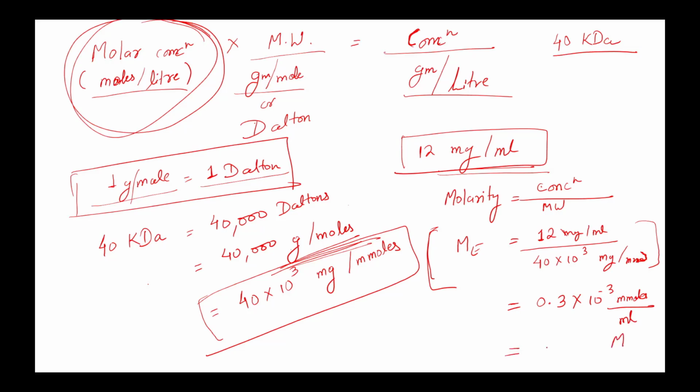So this is 0.3 into 10 to the power minus 3 molar, or we can also write 0.3 millimolar. This is the molarity of the enzyme.